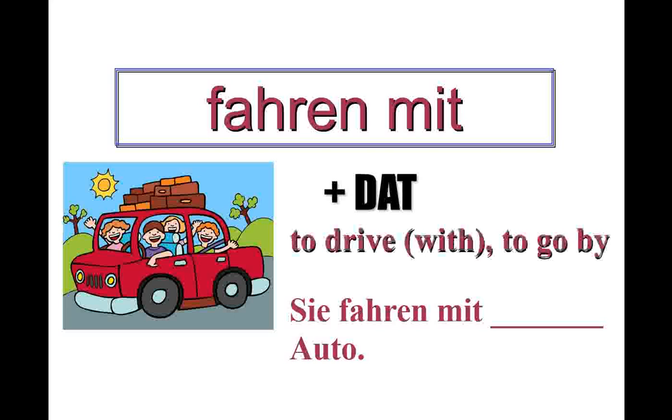Fahren mit, to drive with, but you're driving with people, or you go by. So they are driving the car, right? So they're going by car. Sie fahren mit. Take a minute, see if you can figure this one out. Dem Auto.